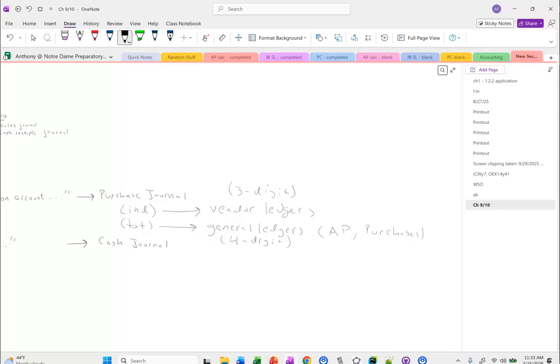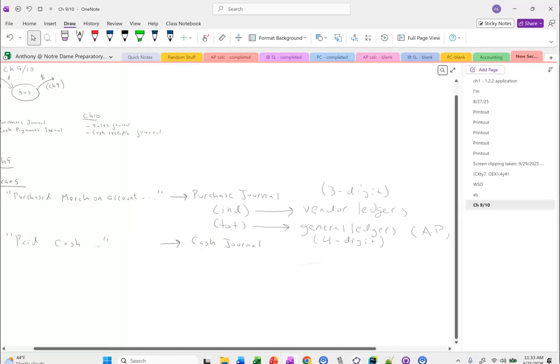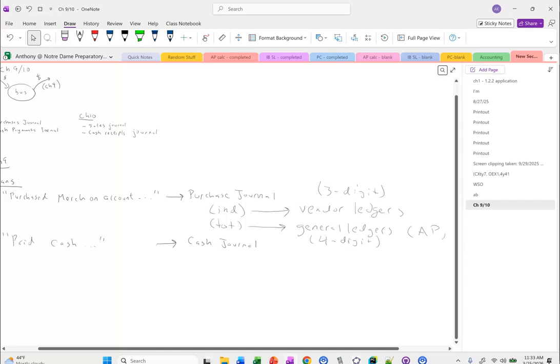Each of the ledgers has an account number. The totals go in the 4-digit accounts for the most part, and the individual transactions go into the 3-digit accounts.